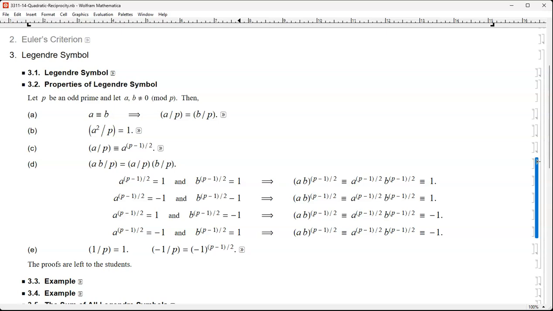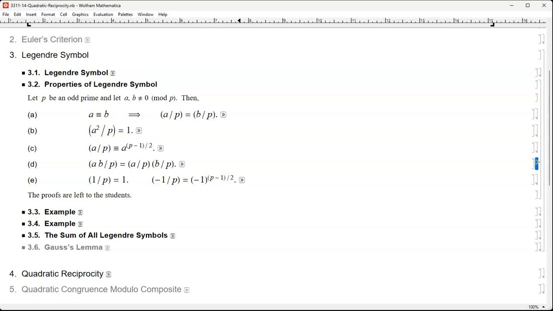So we end up with 4 different cases, kind of like coin tossing: head-head, tail-tail, head-tail, and tail-head. For each, we just manually calculate and see if this multiplicative property works out: AB over P is A over P times B over P. Yes, it does work out.